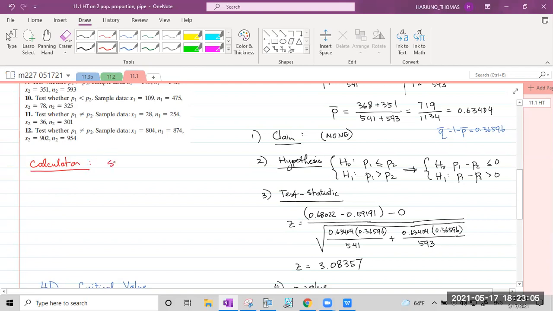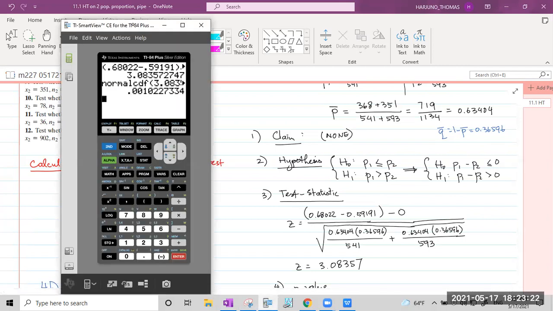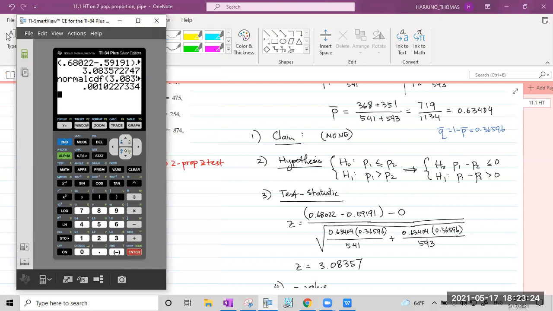Go to stat, test, 2-proportion Z test. Proportion always Z test.